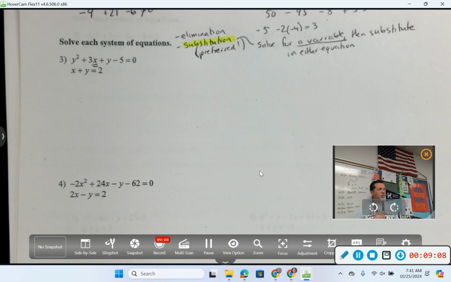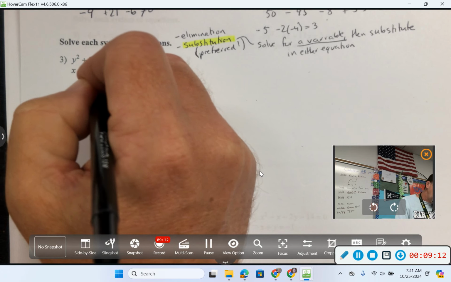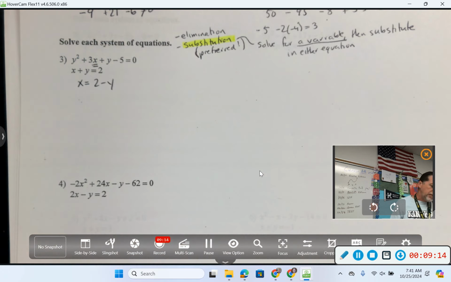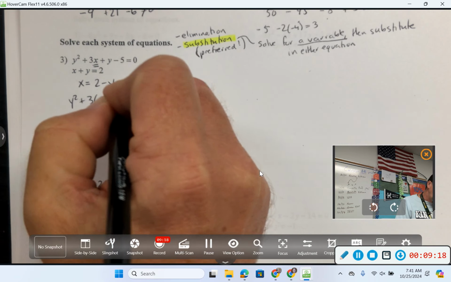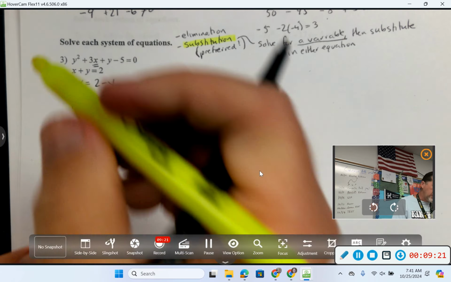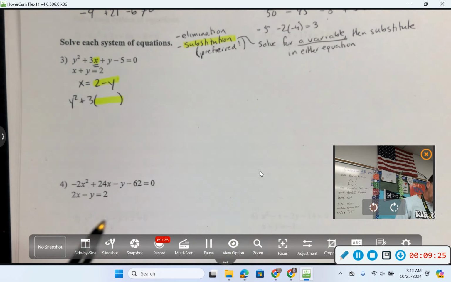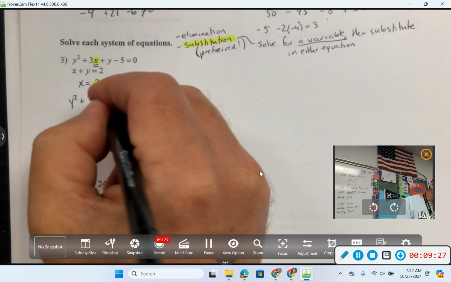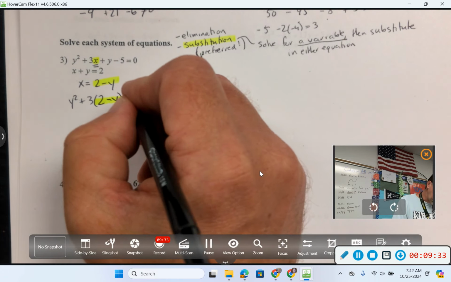So let's solve for x and then plug that in. x equals 2 minus y. So y squared plus 3 times (2 minus y), because that's what x is. In place of x goes 2 minus y. That's why it's called substitution. We're substituting 2 minus y in for x.